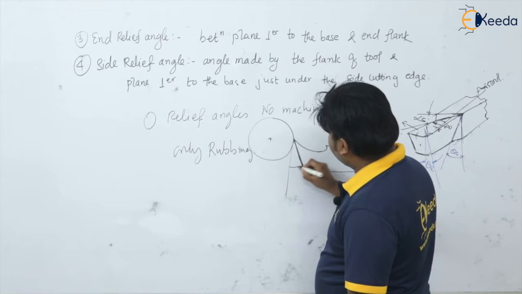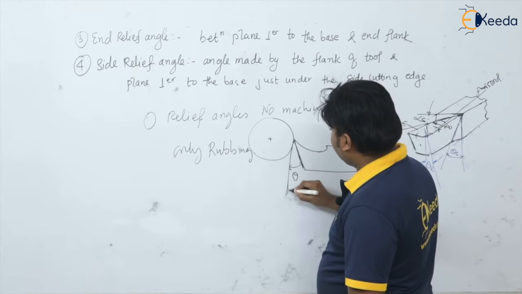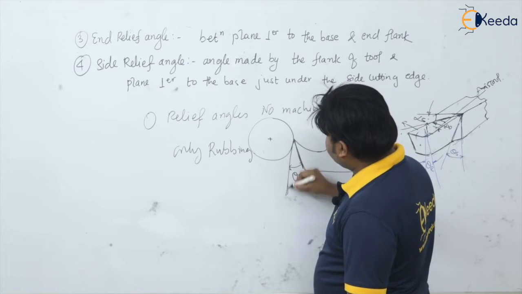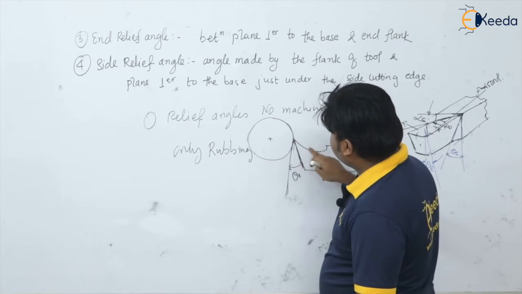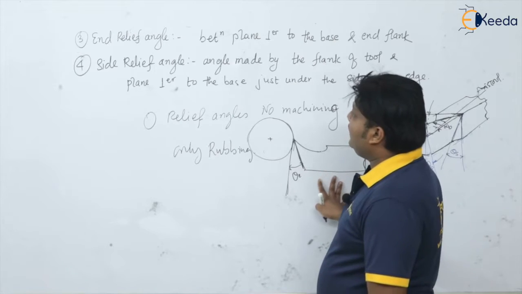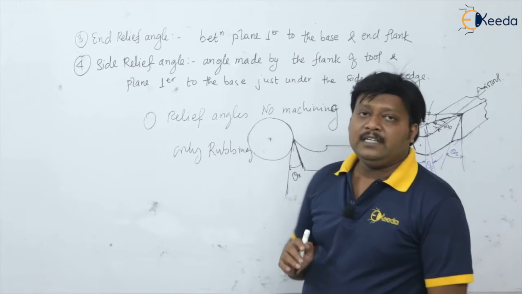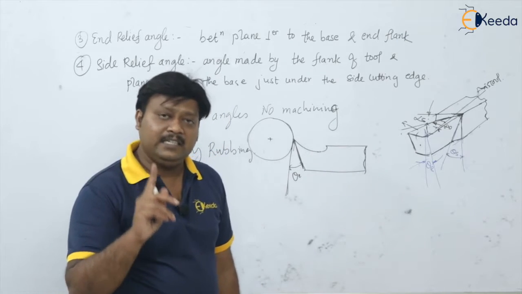See, this is our theta, of course this is theta E. With this provision of the relief angle, there is immediate clearance between the work and tool and machining is possible. Understood? So the relief angle is basically provided to have the cutting action rather than the rubbing action.